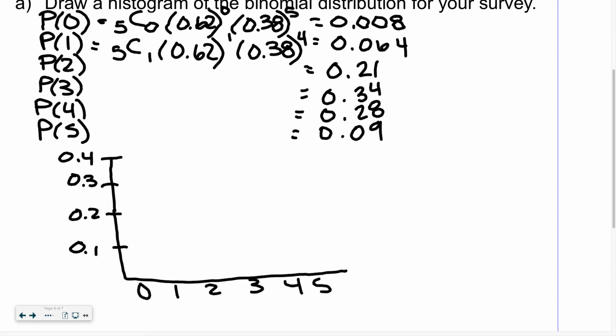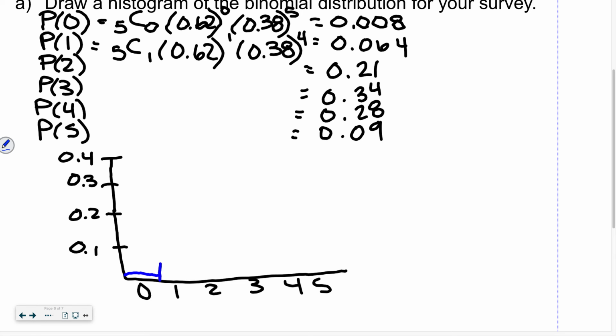Now, something like that first probability, 0.008, that's really small. That's like 0.8%, not even 1%. So when I draw that, I'm going to draw it really close to the bottom. And 0.064, that's a little over halfway to 0.1, but I'm not even to a 10th, right?